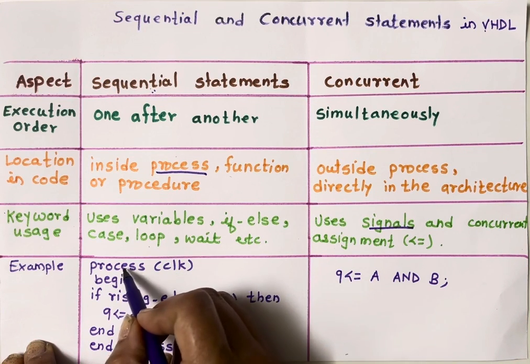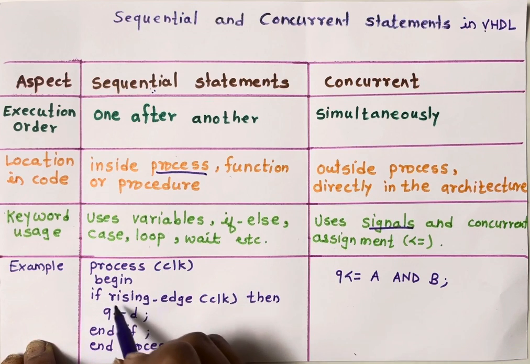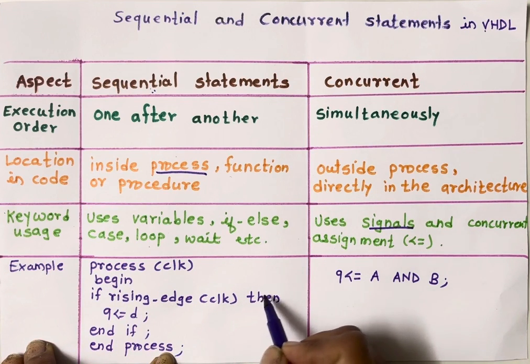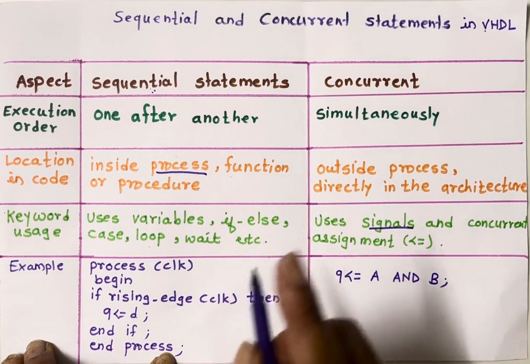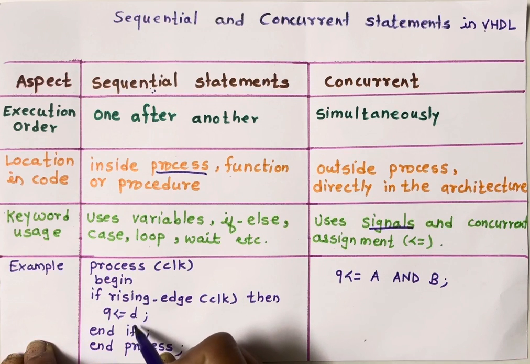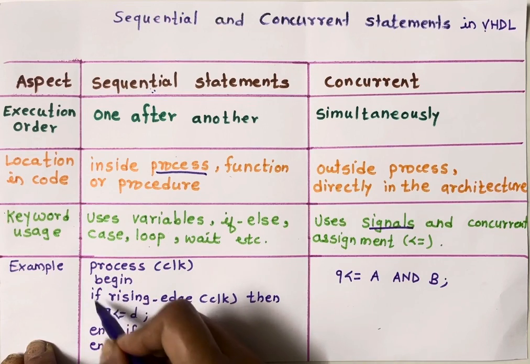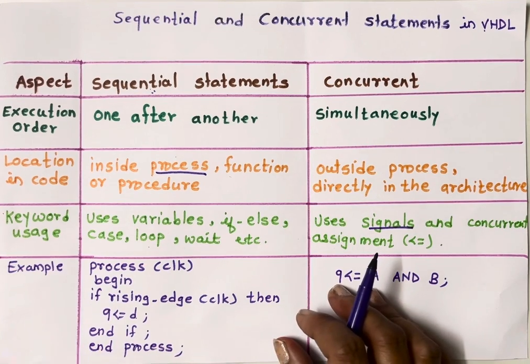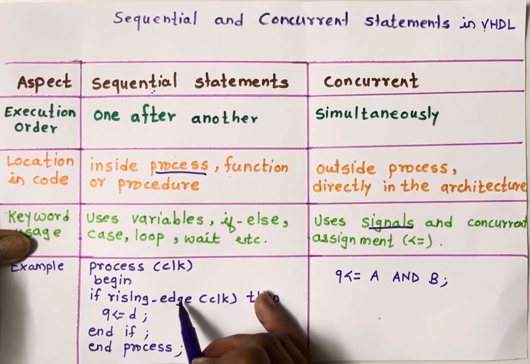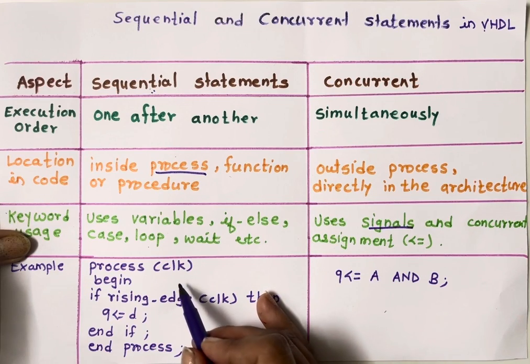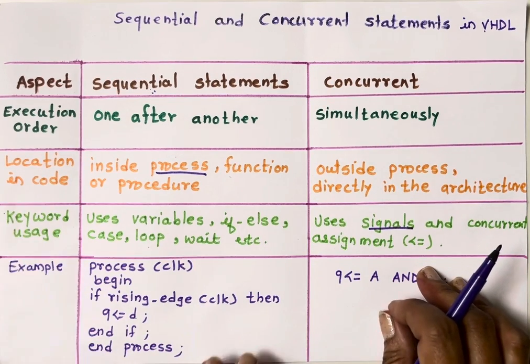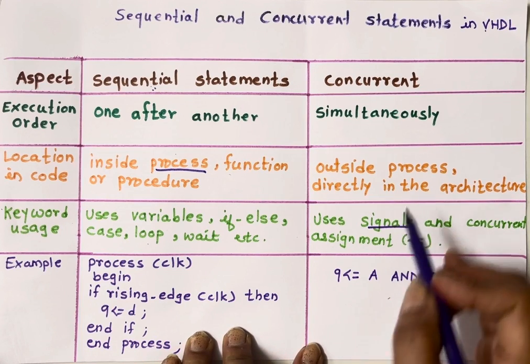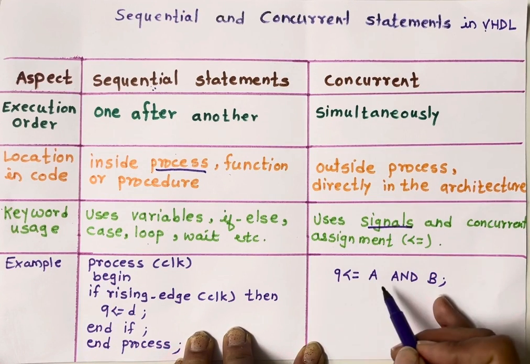So here process begin. If rising edge of clock will come, then and only then Q is assigned as D. So whichever value is present at data input will get assigned to Q. End if, end process. So here you need to remember this flow is similar to software flow. Whereas in case of concurrent statements, flow is like hardware design.